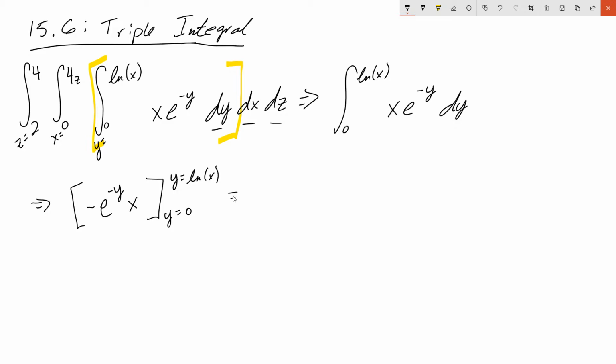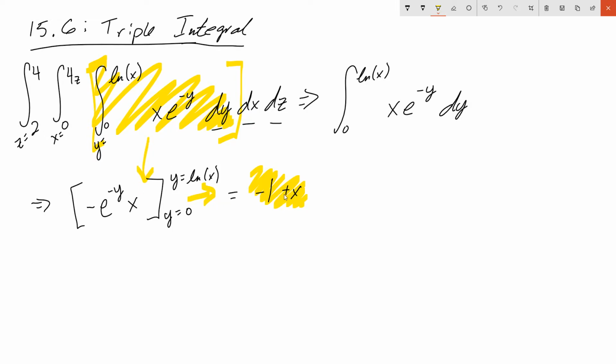Once we simplify that, what we're going to end up with is negative 1 plus x. Okay, so not terribly difficult here. And now what we really have here is this yellow zone was one integral, right? So just like the double integral, this yellow zone we have solved to equal this, coming through here, solving your bounds, and ending up with negative 1 plus x.